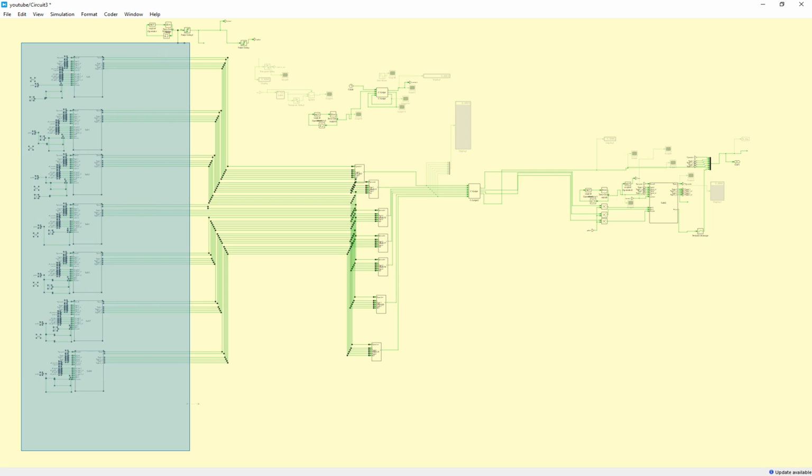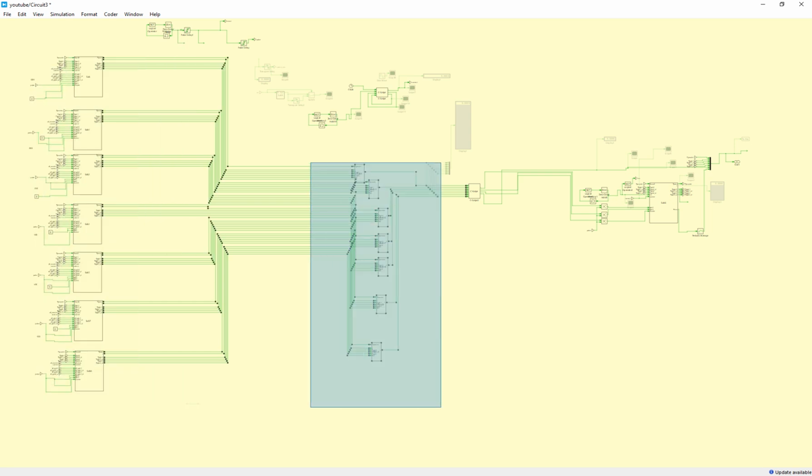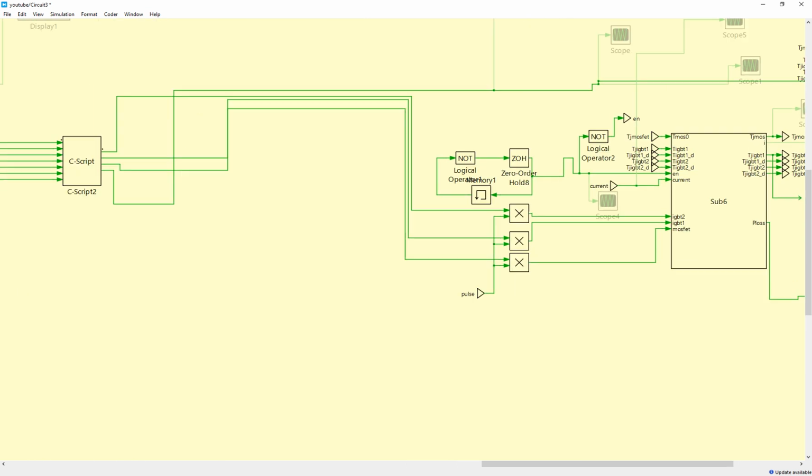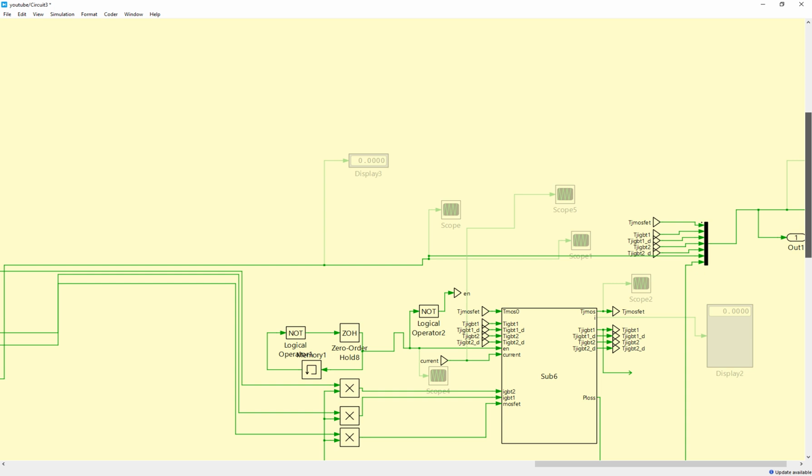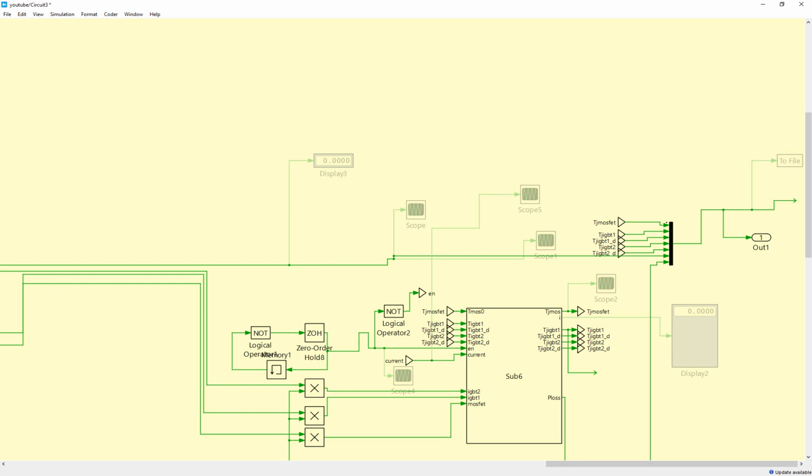So these are my scripts, and here I calculate which one gives me the minimum cost function, and then I apply it to the real system. So this is kind of a real system, simulating the real scenario. And these are the junction temperatures, which are then fed to the output, which is recorded by the To File block in MATLAB.